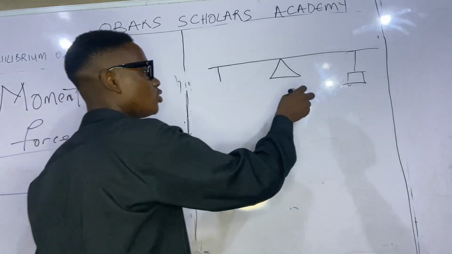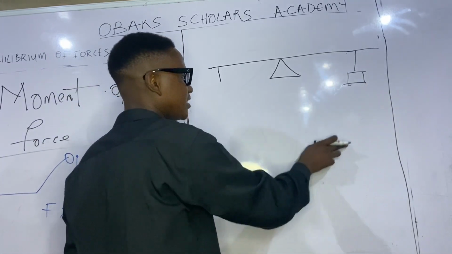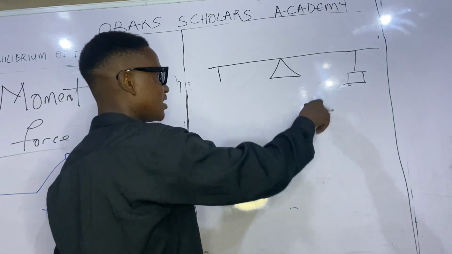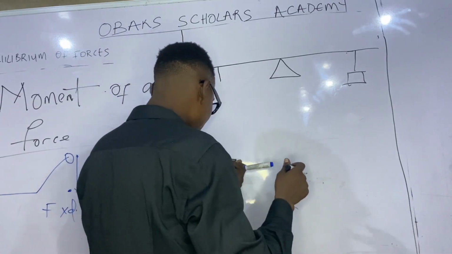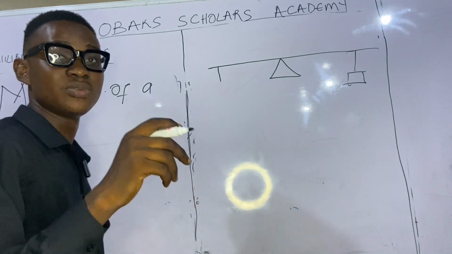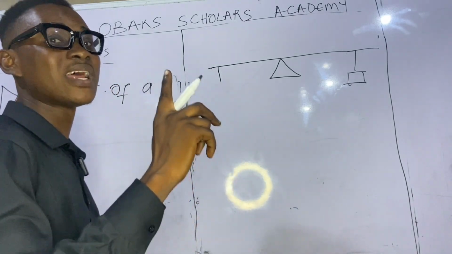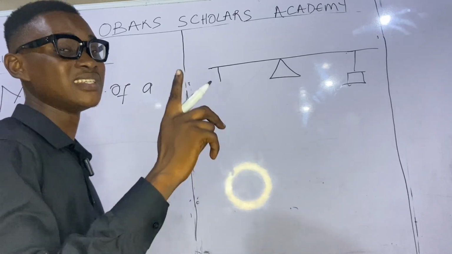I know that this mass will drag it down. So the principle of moments says that the sum of clockwise moments must be equal to the sum of anti-clockwise moments when an object is in equilibrium.